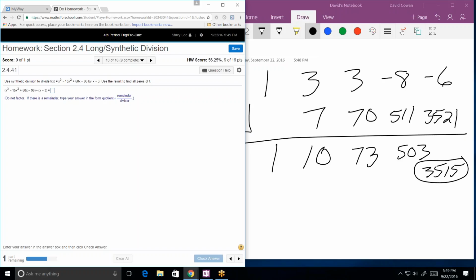All right, let's see. Use synthetic division to divide this cubic by x minus 3. Use the result to find all zeros of f. Okay.